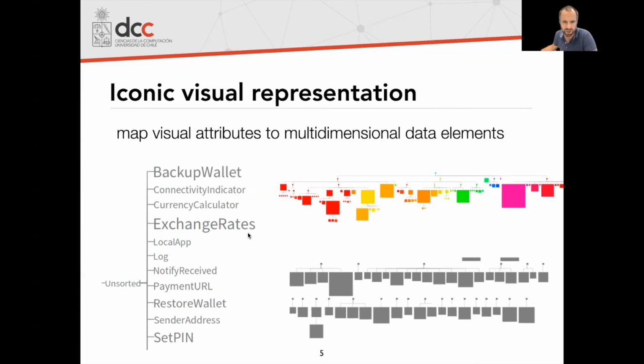We see that this feature, exchange rates, contributes to the base code much more than, let's say, local app or log. This visualization here indicates relatively the same information. Each square is a feature, and the size of the square indicates the contribution to the base code. Below here, I see some classes, and these are the class hierarchies that the source code contains.